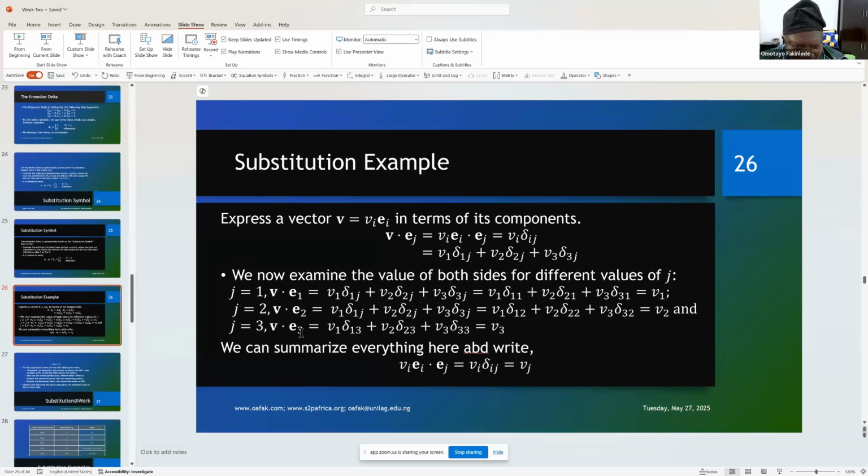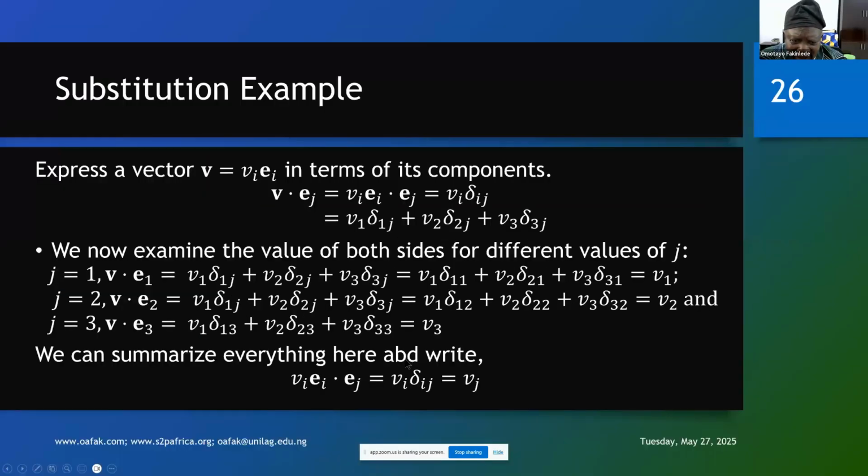When J is equal to 3, V dot E3 is equal to V3. We can therefore summarize what we have here and write that VI EI dot EJ is equal to VI delta IJ is equal to VJ.